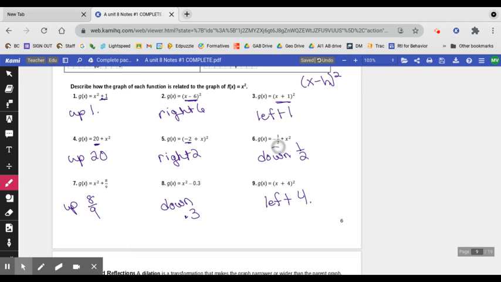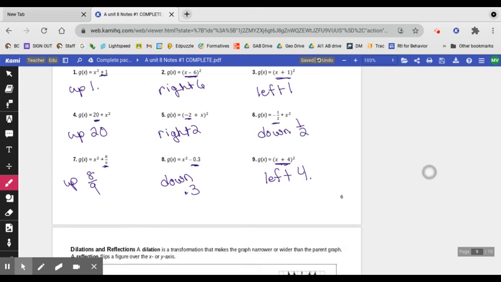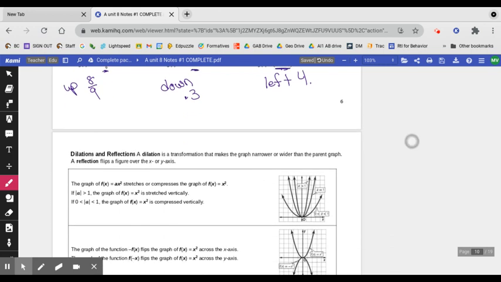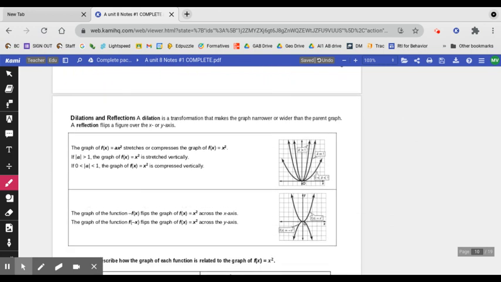Number 6, it's minus 1/2. So that's down 1/2. 7, it's x squared plus 8/9. So that's up 8/9. 8, it's x squared minus 0.3. So that's down 0.3. And 9, it's x plus 4 in parentheses. So that's left 4.